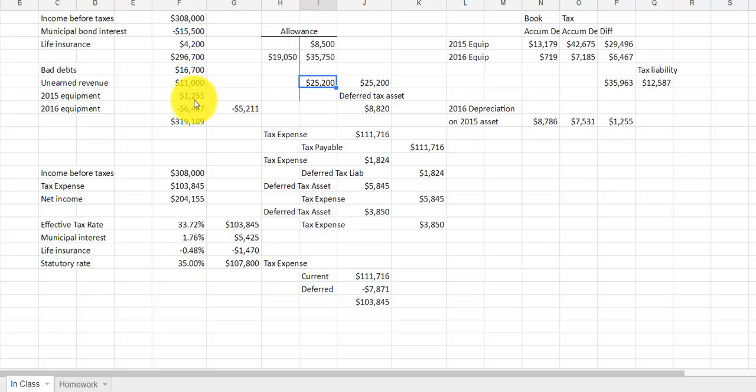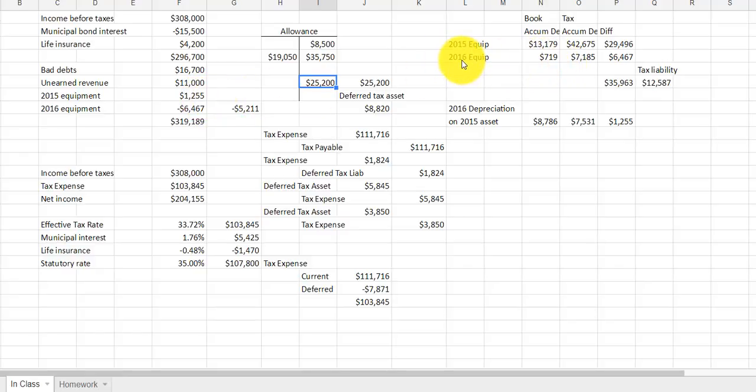So the next thing we want to do is we have a new piece of equipment, and we have the old equipment, or not that old, purchased the year before. So we need to calculate depreciation on both of those assets for our tax return and on our income statement.